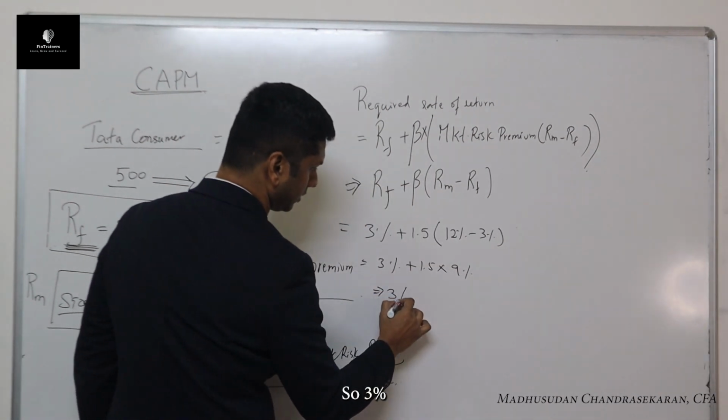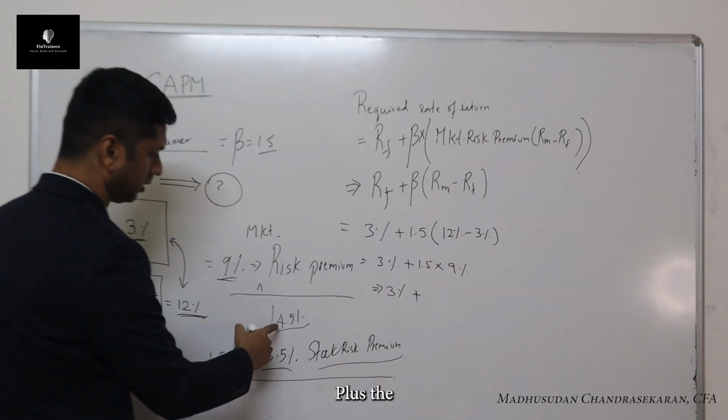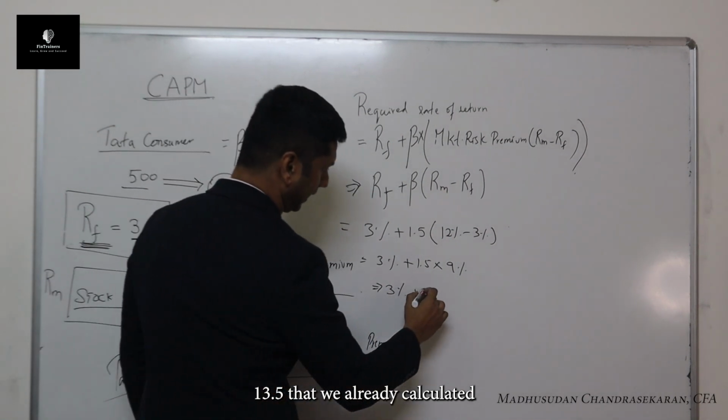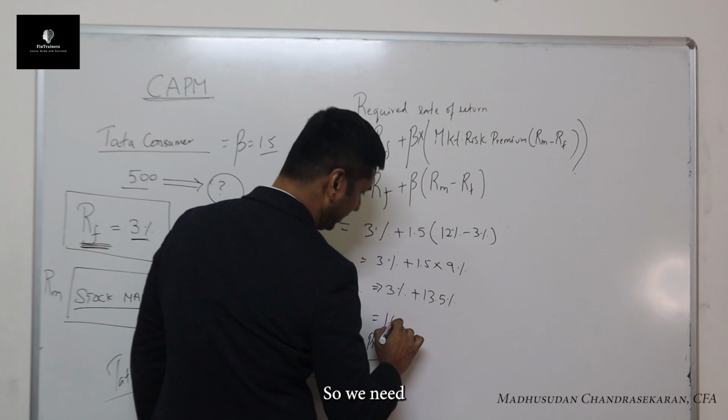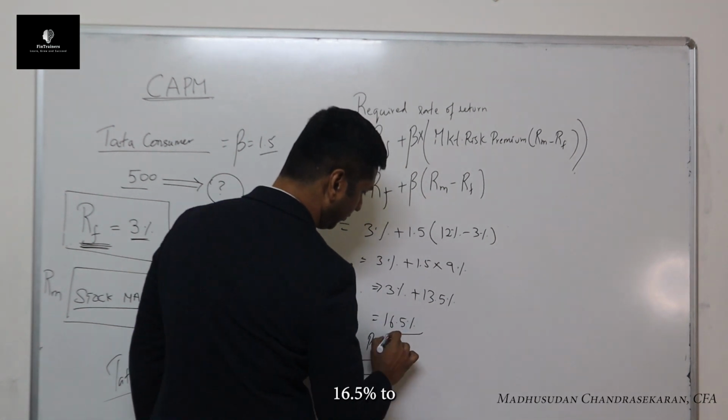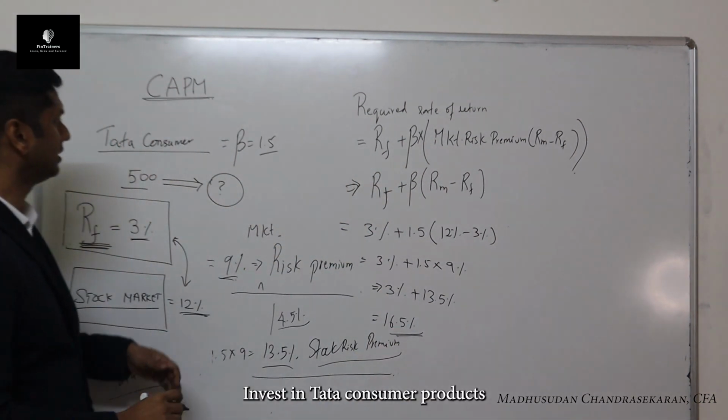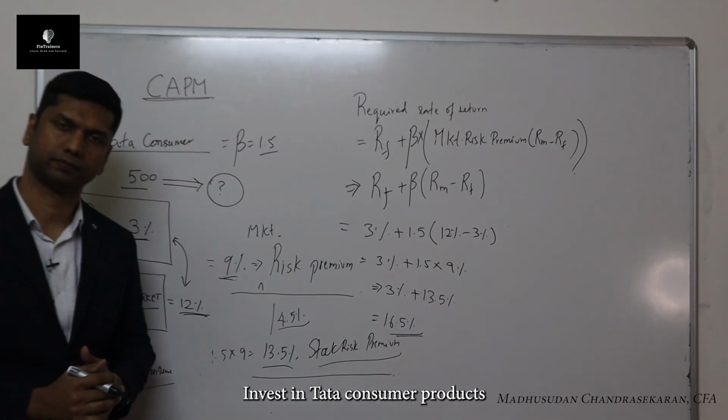So 3% plus the 13.5 that we already calculated. So we need 16.5% to invest in Tata Consumer Products.